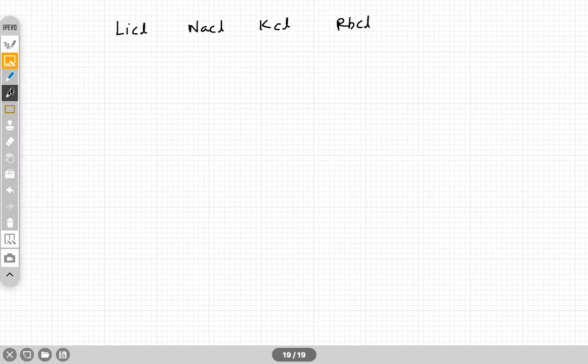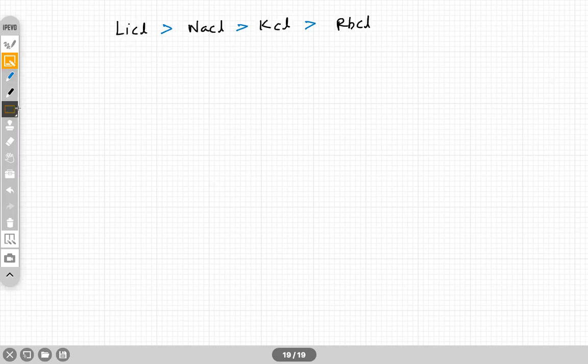Okay, so the covalent character is maximum for LiCl because Li is the smallest ion we have, because Cl minus is same in all the molecules, right? So we don't consider this Cl minus effect, the change in covalent character we have because of the cation present in this. Hence we consider the role of cation here, size of cation.